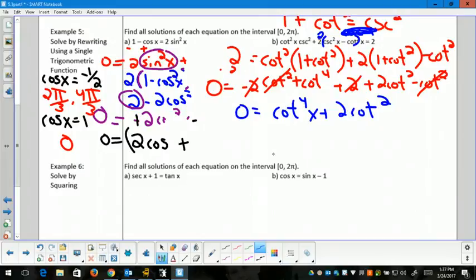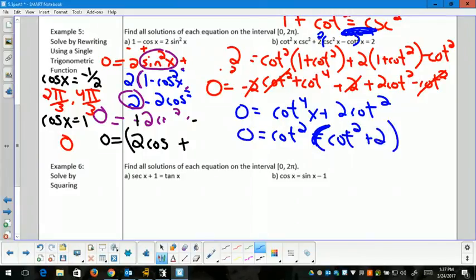Well, look, all right. So here, let's look at this. I can factor out cotangent squared. That's going to give me cotangent squared times cotangent squared plus 2. How many of you got that? Good. Some of you have tried it. So now I have cotangent squared equals 0, and I'm going to take the square root of 0.